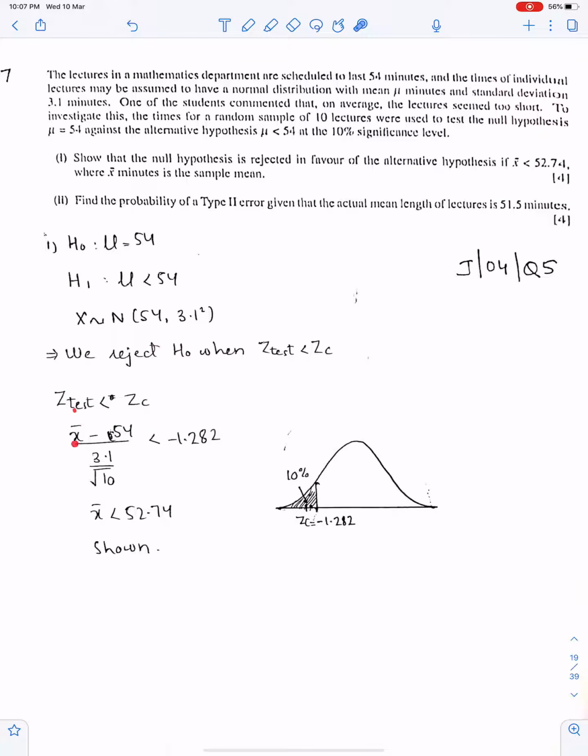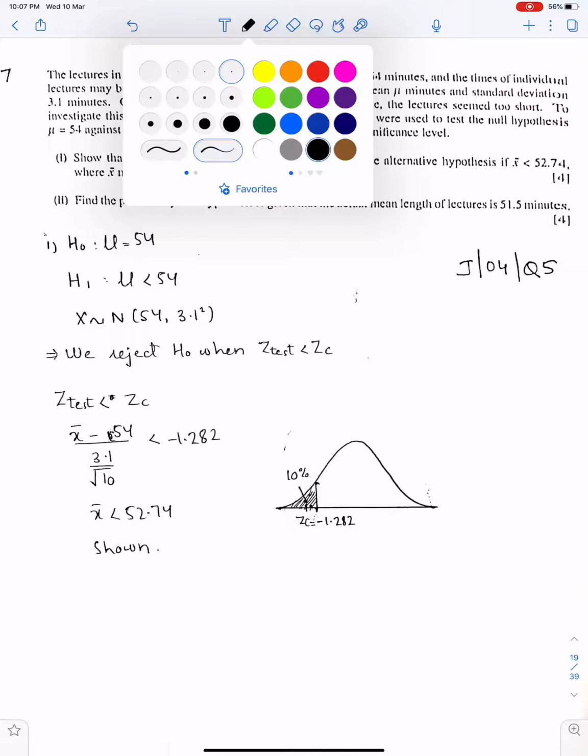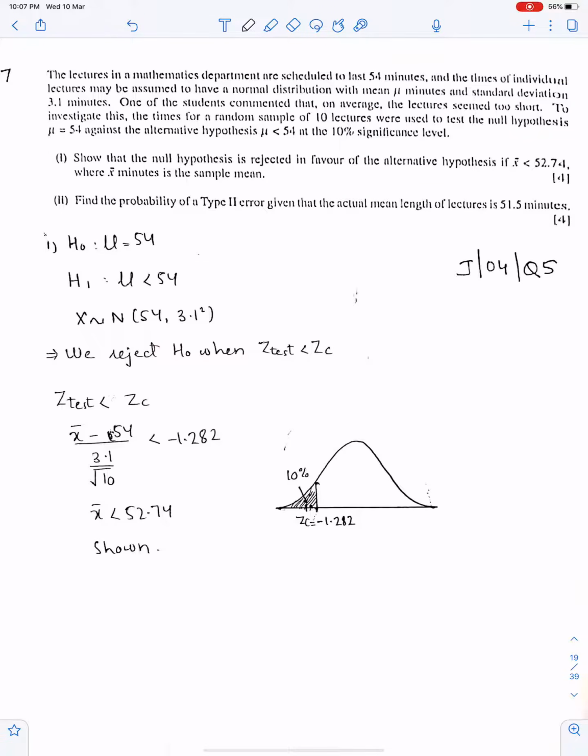So z-test is x bar minus 54 upon 3.1 square upon under root 10. Let me write the formula for x bar. X bar is normal with mean 54 and variance 3.1 squared over 10.